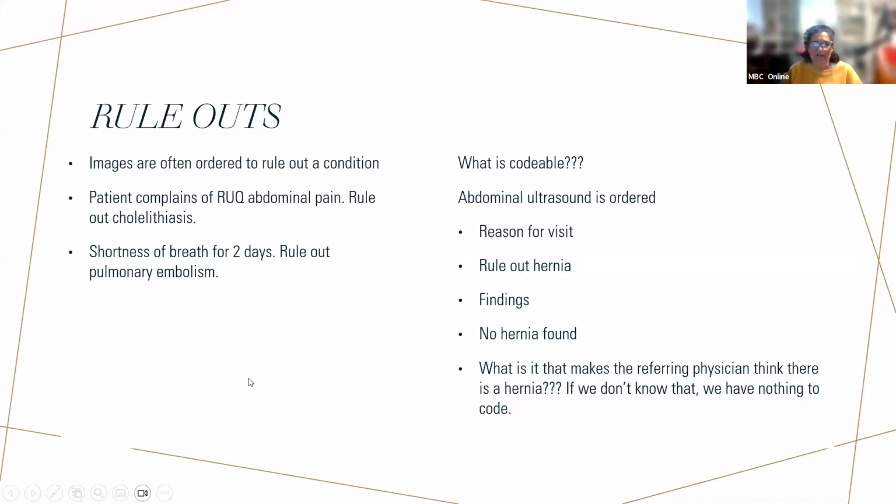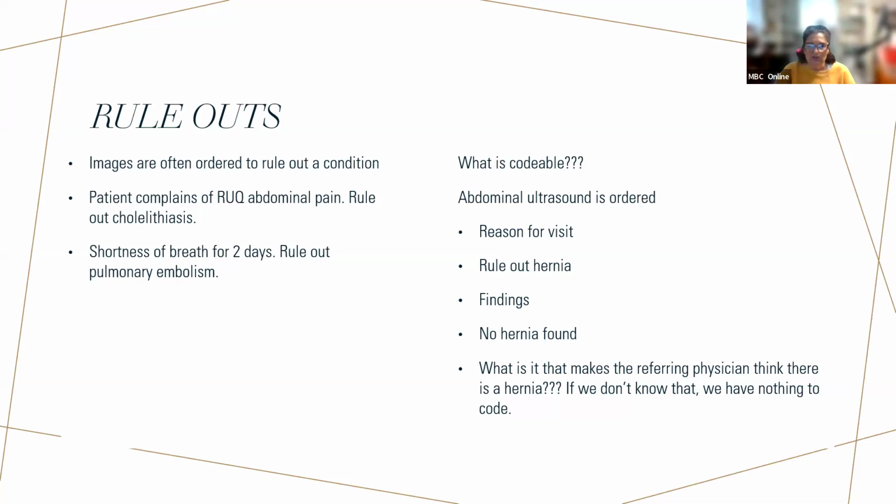So if the patient complains of RUQ abdominal pain, and you hear rule out cholelithiasis, that means they're going to take an X-ray or some other type of image to make sure that the patient doesn't have cholelithiasis. They think the patient might have it, but they want to rule it out.